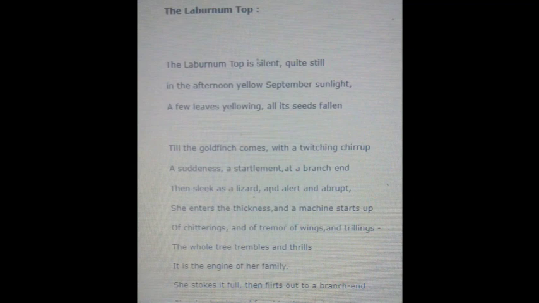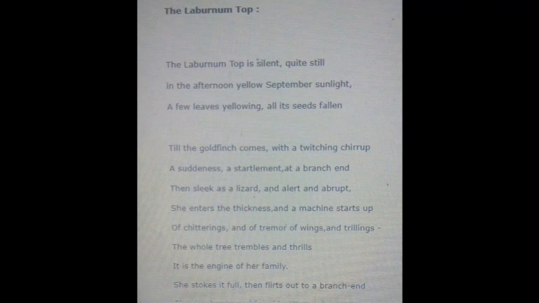A few leaves yellowing. So when do these leaves turn yellow? When there is the autumn season, and all its seeds fallen. So all the seeds of this tree have fallen, and the tree is absolutely quiet and still.